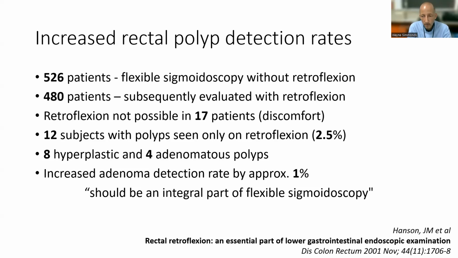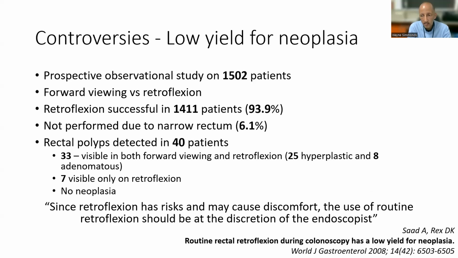So this theme of the low yield of neoplasia for rectal retroflexion continues, where Sard and Douglas Rex looked at this in 2008, specifically the yield for neoplasia. They did a prospective study on 1,502 patients. Again, they compared front viewing versus retroflexion, and of those 1,500 patients, they could successfully retroflex in 1,411 of them.